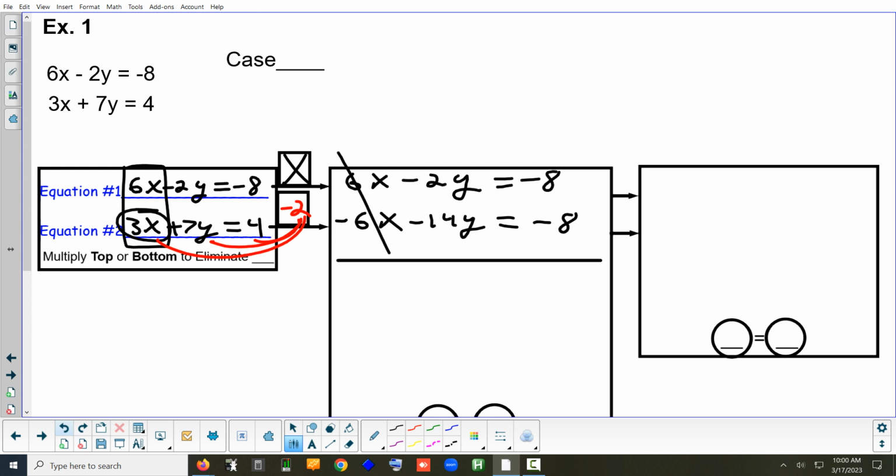But it's negative 2 plus negative 14. They're both negative, so what do we get when we combine a negative 2 with a negative 14? Negative 16. So negative 16y. And what about negative 8 plus negative 8? That would also be negative 16.